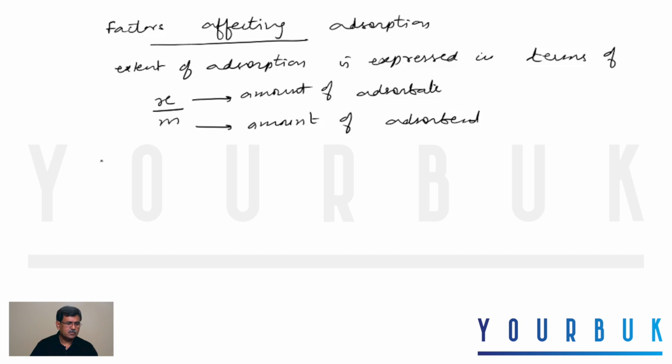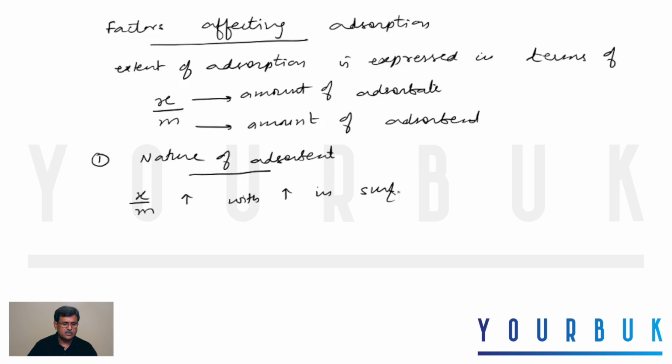Now the first factor on which the extent of adsorption depends is the nature of the adsorbent, meaning what type of solid you are taking. Now x by m, the extent of adsorption, increases with increase in the surface area of the solid, and the solid should be porous so that it can collect more gas molecules on the surface, and the surface area can be increased.